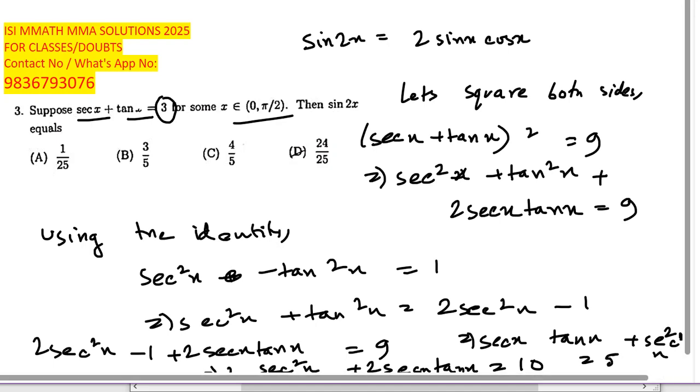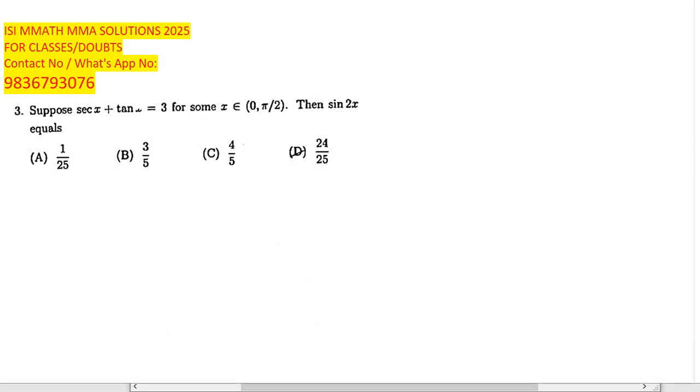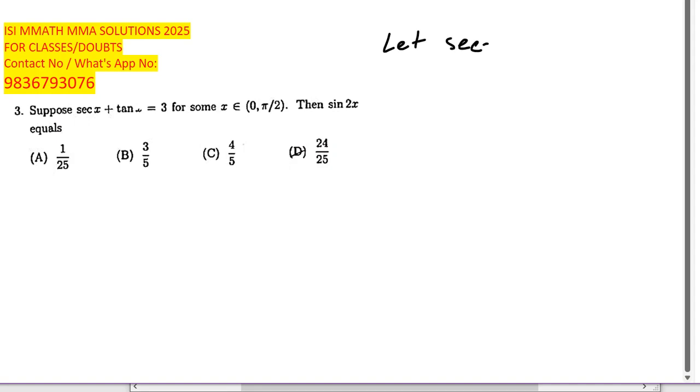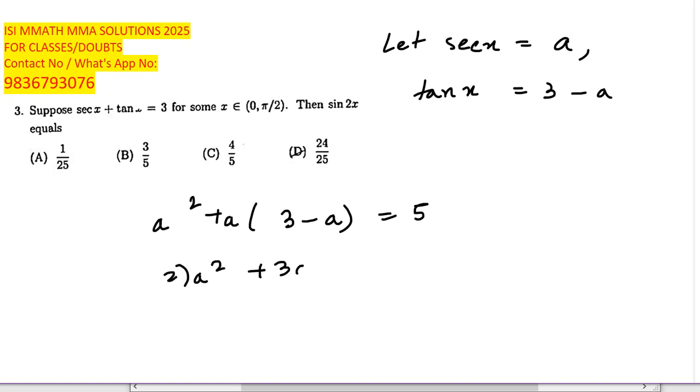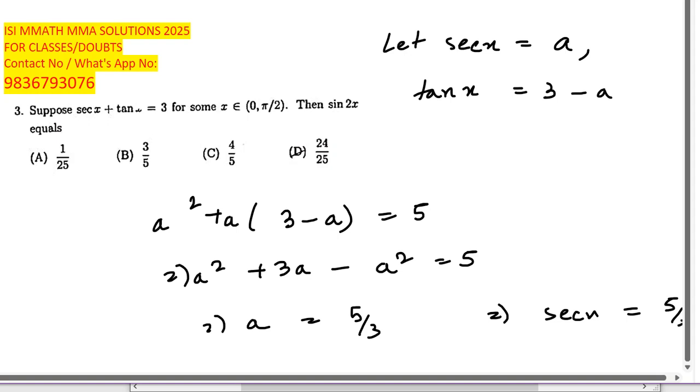So now let's assume that sec x is equal to a. Then tan x is equal to 3 minus a. Now I will substitute: a square plus a times (3 minus a) is equal to 5, or a square plus 3a minus a square is equal to 5, or a is equal to 5 by 3, so sec x is equal to 5 by 3.